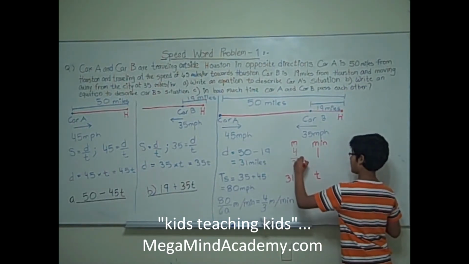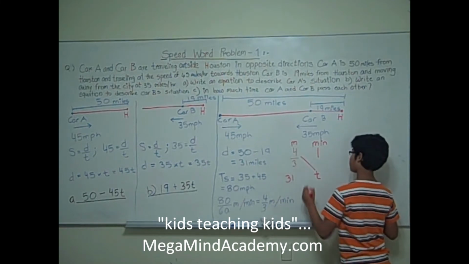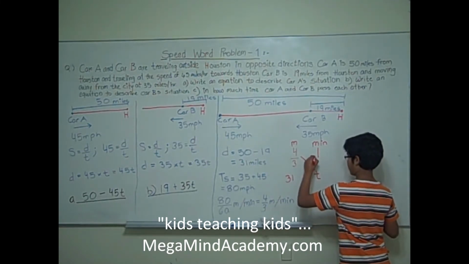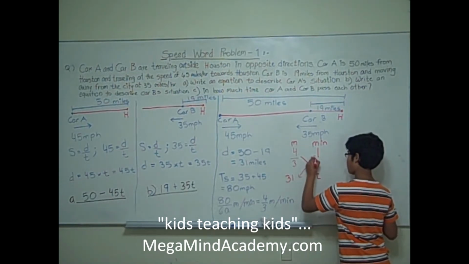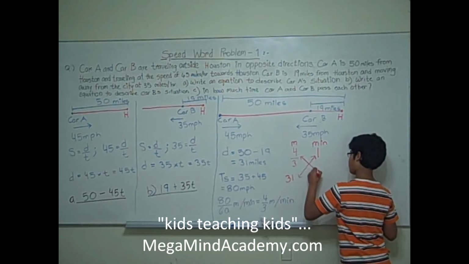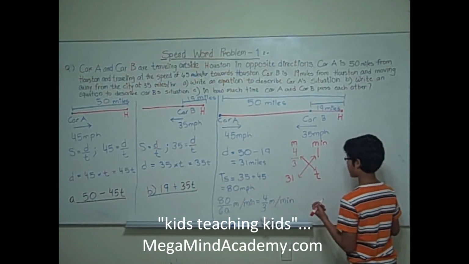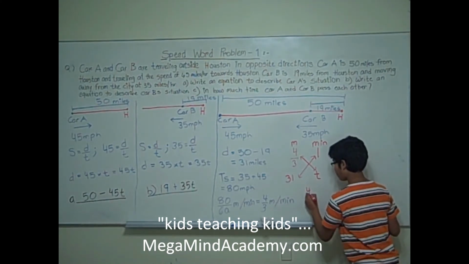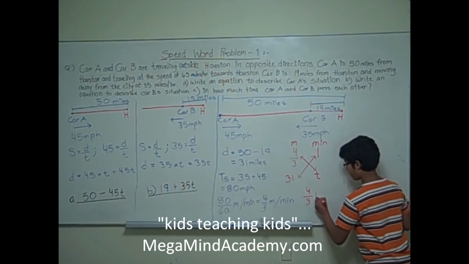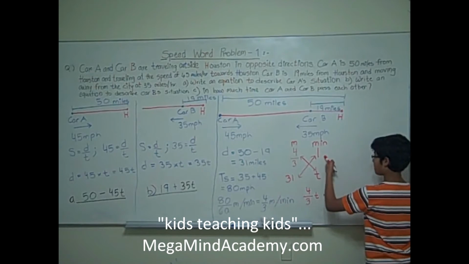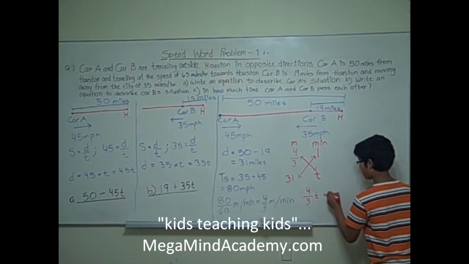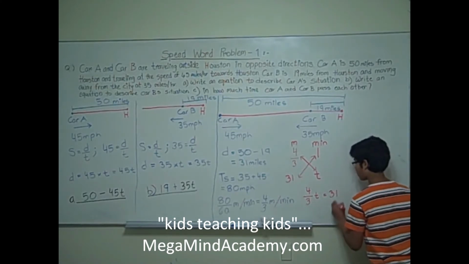So we do T times 4/3 and 1 times 31. We get 4/3 T is equal to 31 times 1, which is 31.